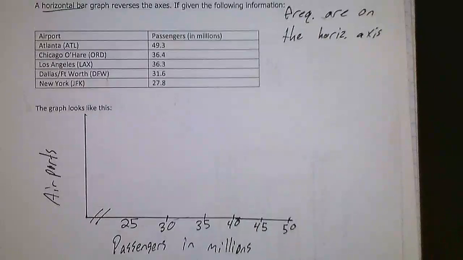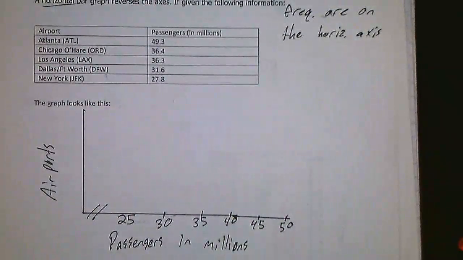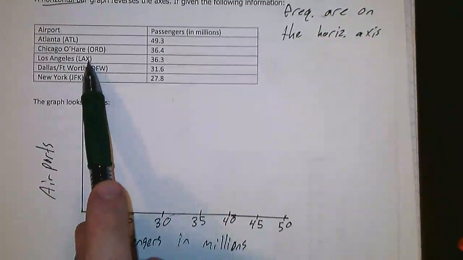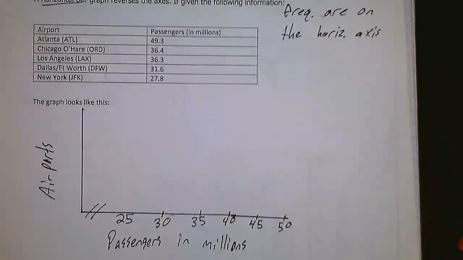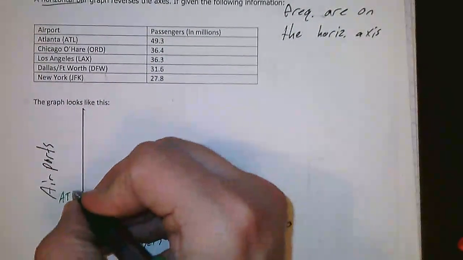So, these are the airport codes in case you haven't seen them. Every airport has a 3-letter code. And if your abbreviation is only 2 letters, they put an X on the end. So we have the Atlanta airport.